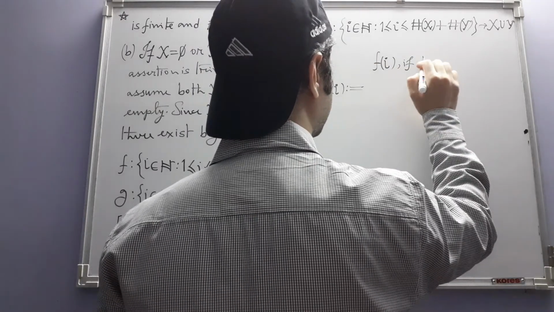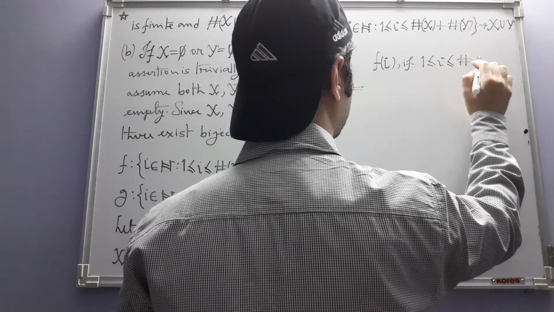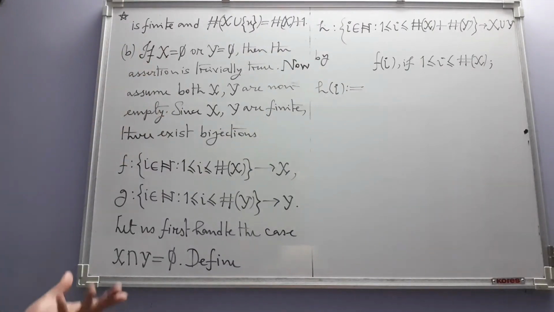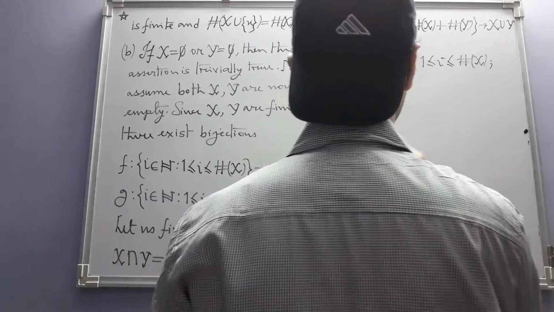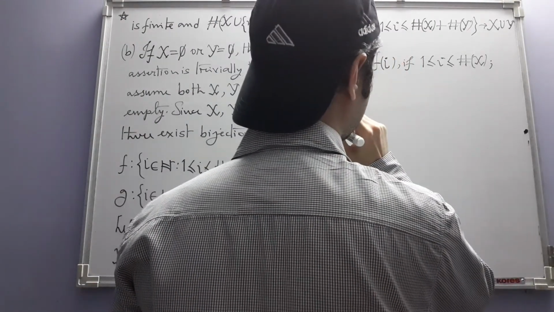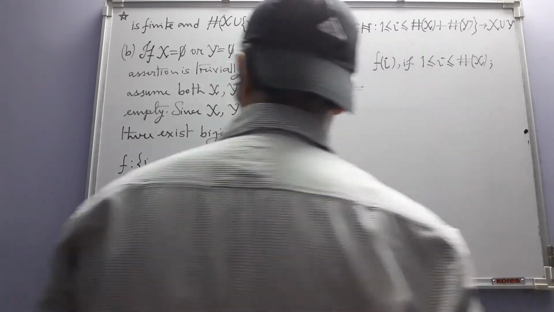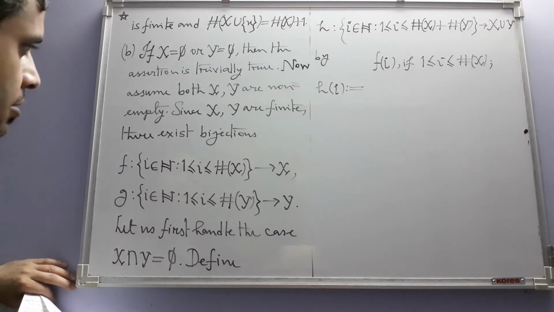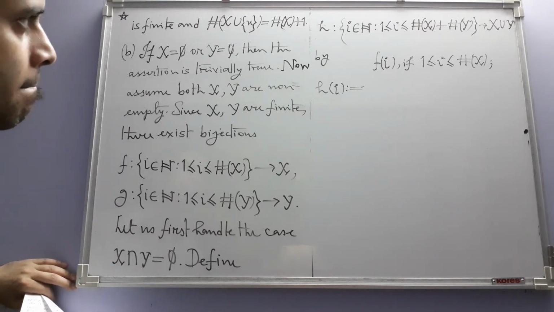if i lies between 1 and cardinality of x. It makes sense, this we can do. Okay, in this case I think it's better to have the things in the other order.